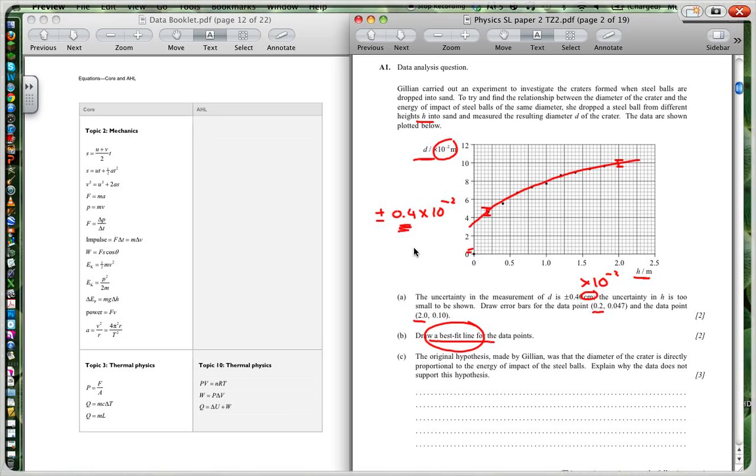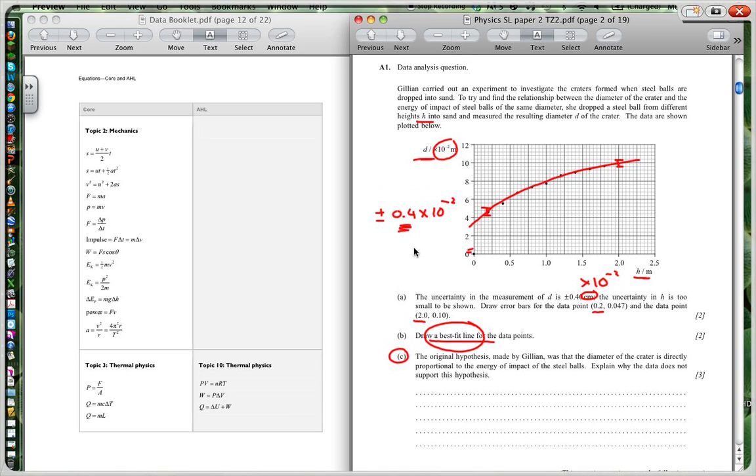All right, is that okay? Then going on to C. The original hypothesis made by Gillian was that the diameter of the crater is directly proportional to the energy of impact of the steel ball. Explain why the data does not support this hypothesis. So we have our energy of impact, firstly, when she says is directly proportional.